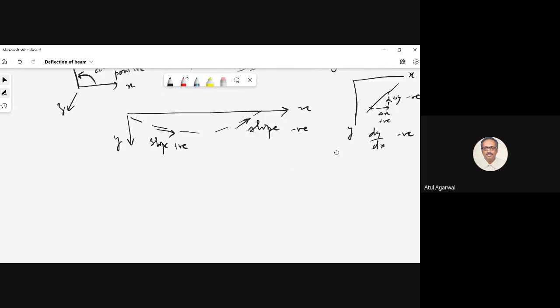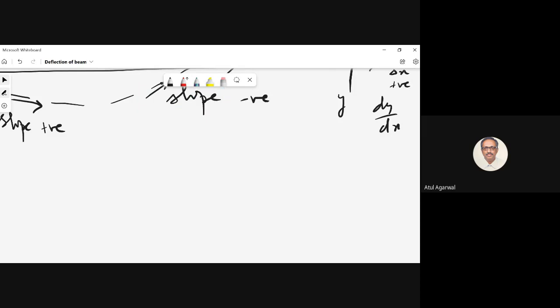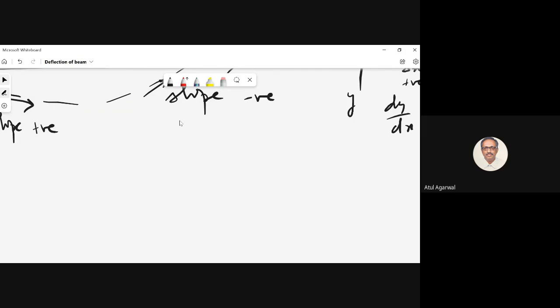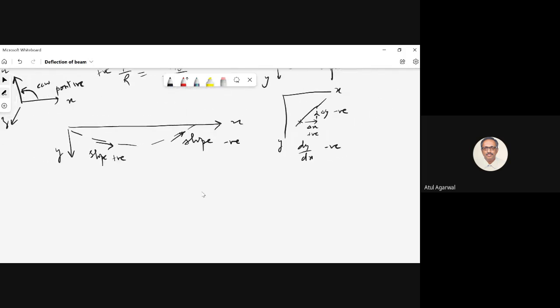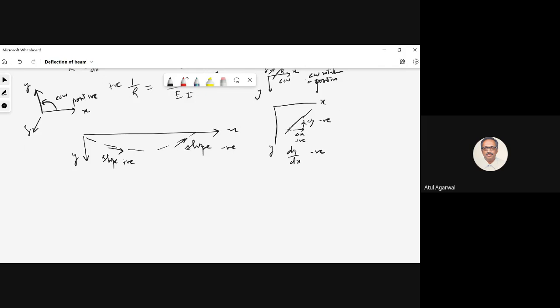So I just wrote 1 by r is equal to M naught by EI, where M naught is the moment applied at the ends, and this I told you is d square y by dx square.